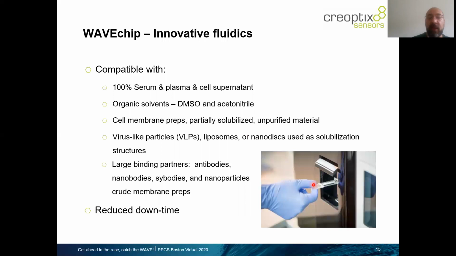You can use cell membranes, unpurified material, large particles like VLPs and liposomes, and of course large binding partners, but also crude samples. This is the highlight of what you can possibly do on the WAVE system.